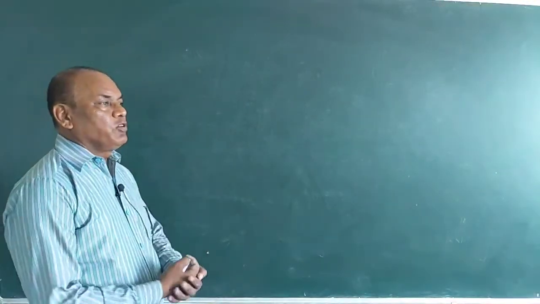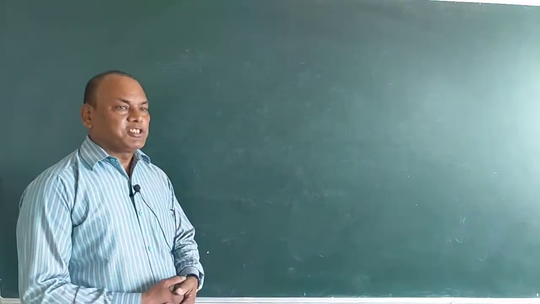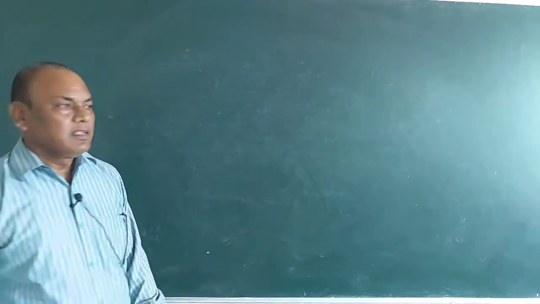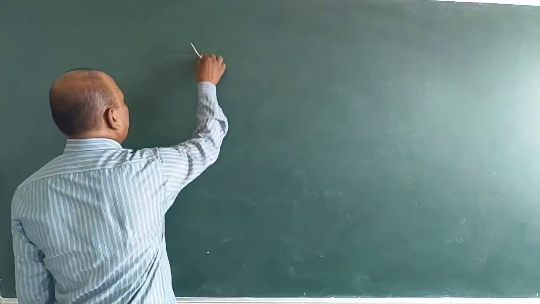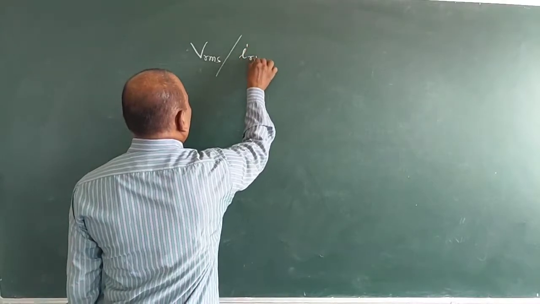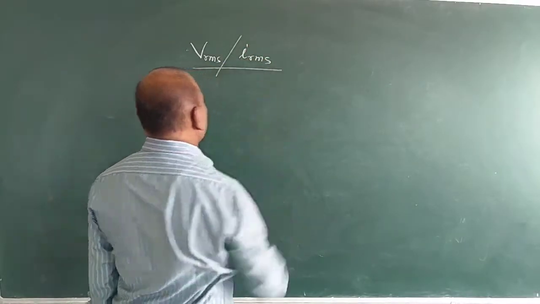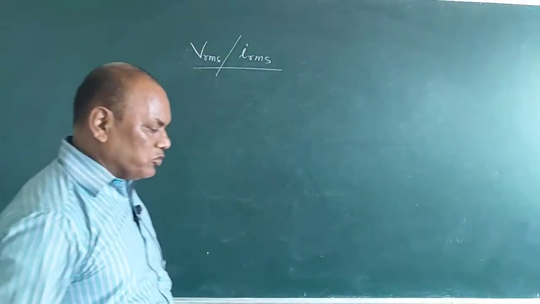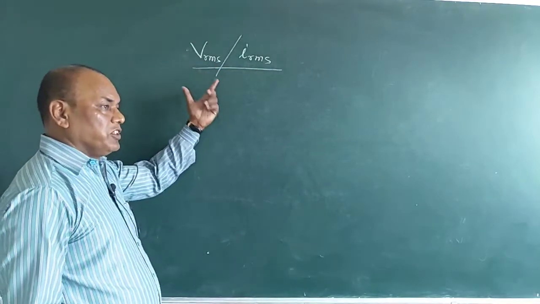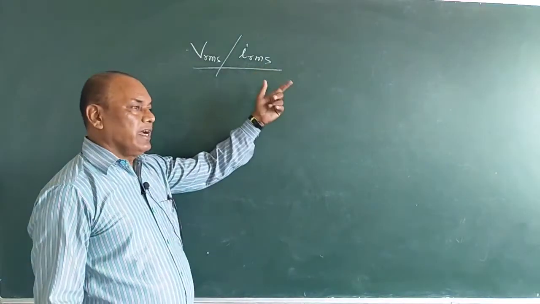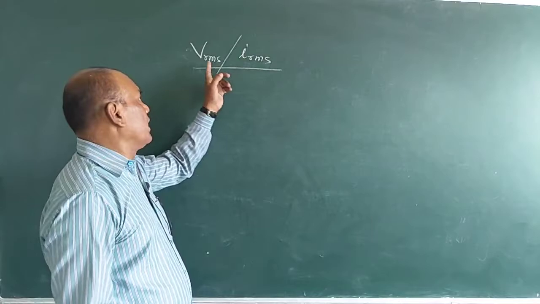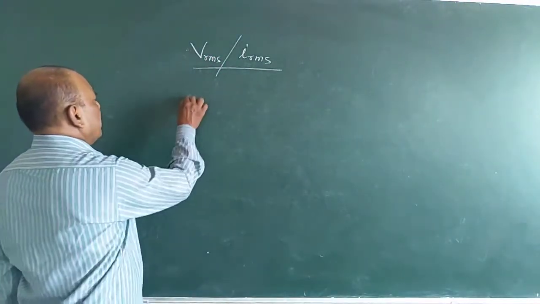So we have to take another method to express this average value of voltage and current, that is called VRMS or IRMS. Now we have to set up a relation between VRMS and V0, or IRMS and I0. What is IRMS or VRMS?